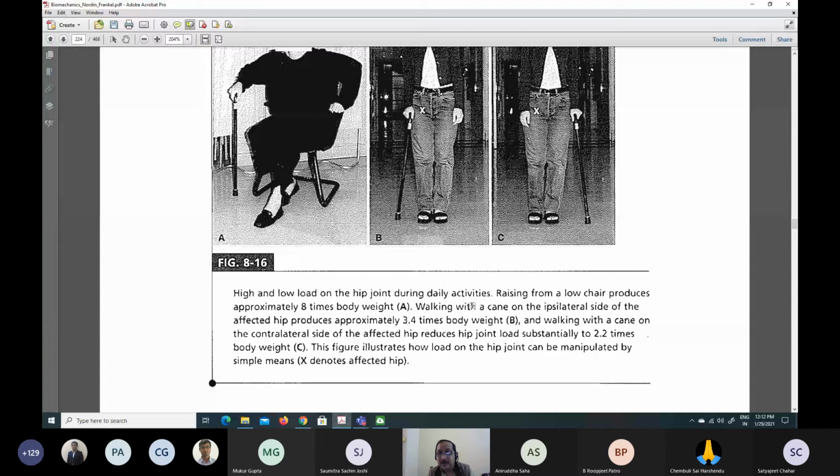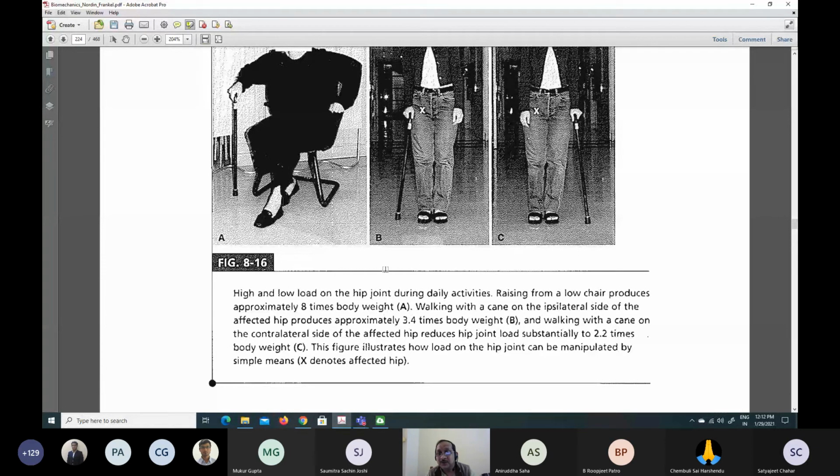B, walking with a cane on the contralateral side of the affected hip. This is the contralateral side of the affected hip. It reduces joint load substantially to 2.2 times body weight.